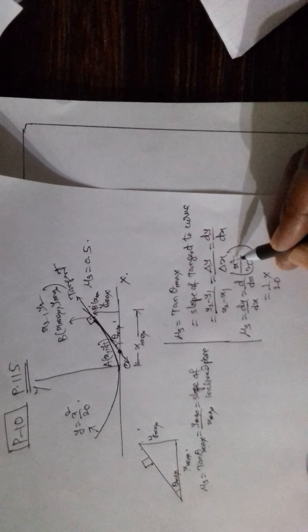When x square is differentiated with respect to x, you get 2x, that is x by 10. By cross multiplication we get x is equal to 10 into mu s. Mu s value given 0.5, is equal to 5 meters.